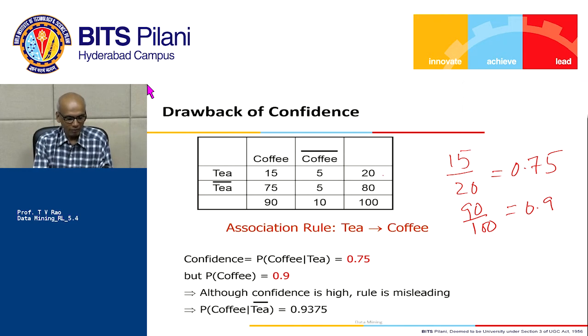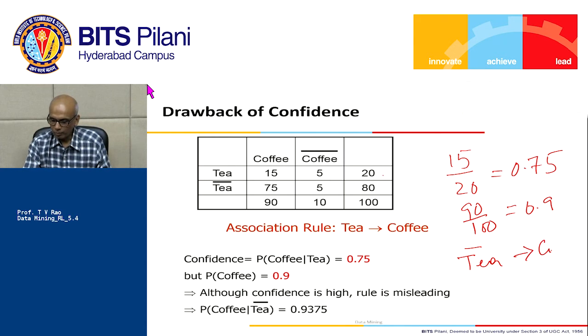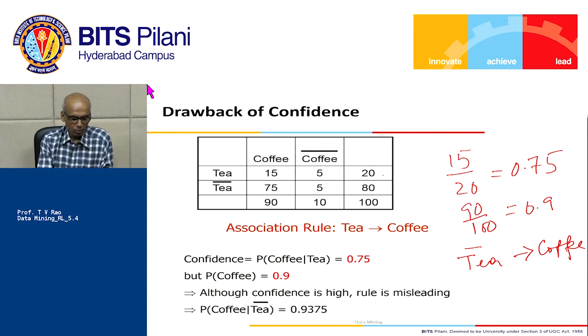Rather, you want a rule which says not tea implies coffee. When you analyze that rule, you see that of the people who are not taking tea, there are 80 people, and out of them the people taking coffee are 75. So it is 75 by 80, which comes to 0.9375, which may be more interesting and has more credibility compared to the other rule, tea implies coffee.